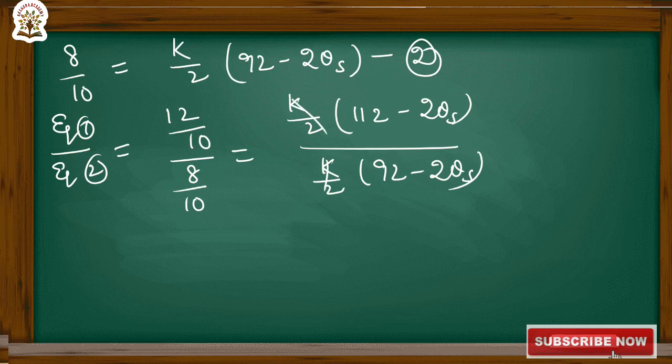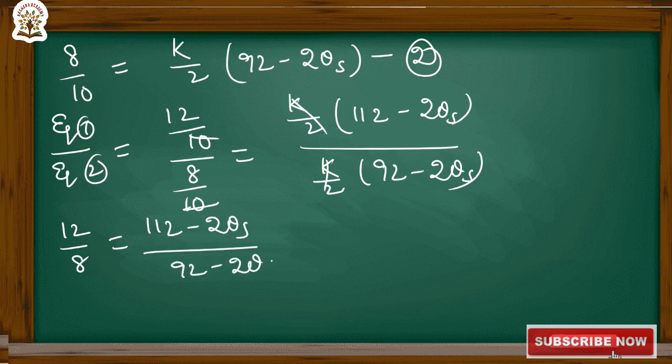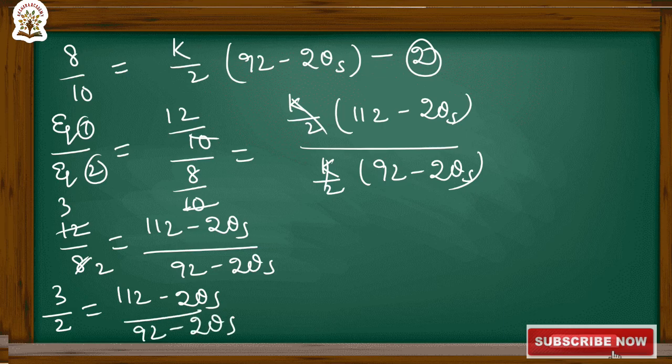K by 2 gets cancelled, 10 gets cancelled, and here we are getting 12 by 8 is equal to (112 minus 2 theta s) by (92 minus 2 theta s). Here 4 3s are 12, 4 2s are 8. So 3 by 2 is equal to (112 minus 2 theta s) by (92 minus 2 theta s).